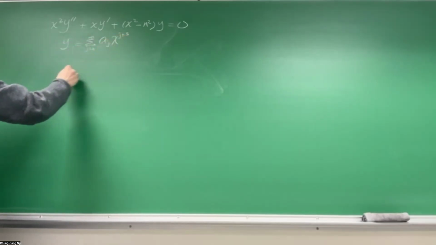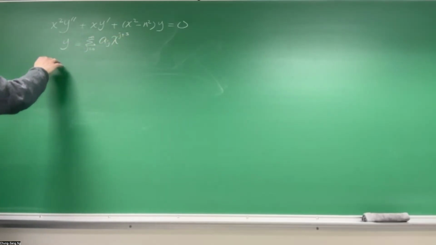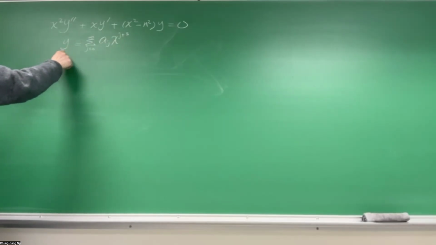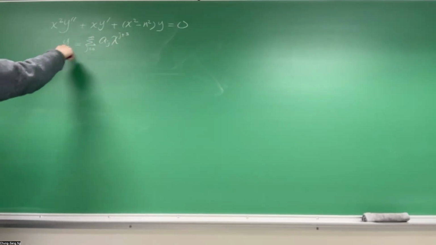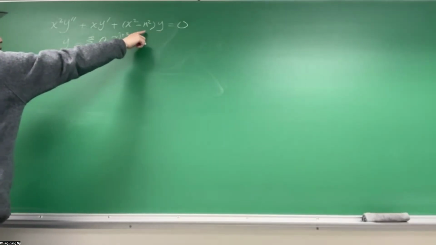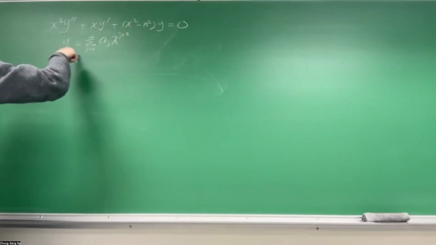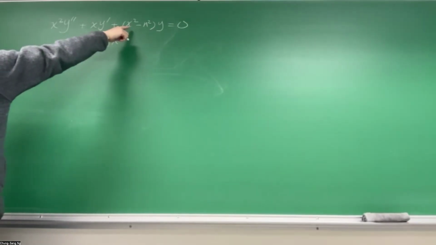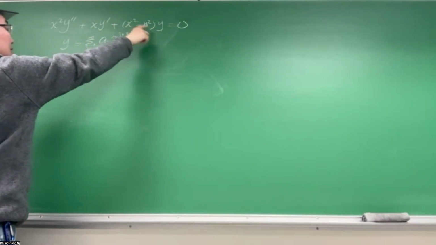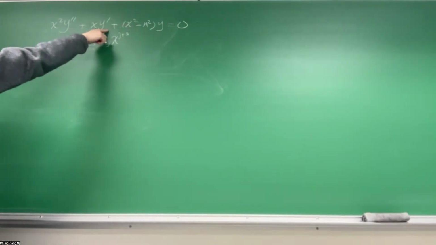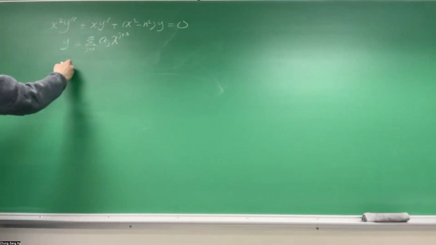Then determine what s is. Once we have that, we need other terms. So we need y here, and n is a constant, so a constant times y is just that constant times this. And then we also need x squared times y, and then x times y prime, x squared times y double prime.